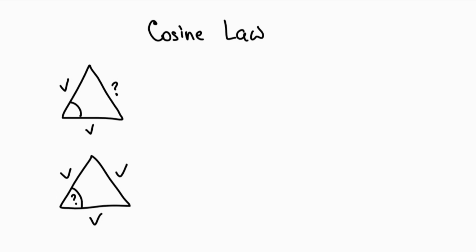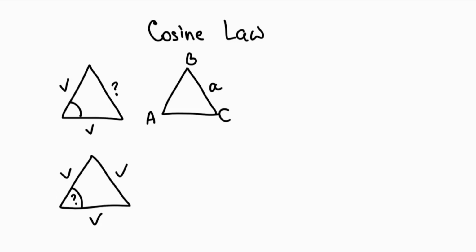So the formula for the cosine law is based on the Pythagorean theorem, slightly changed. Let's look at it. So for example, I have a triangle that we label ABC, and the side lengths are labeled as lowercase letters opposite the corresponding angle.